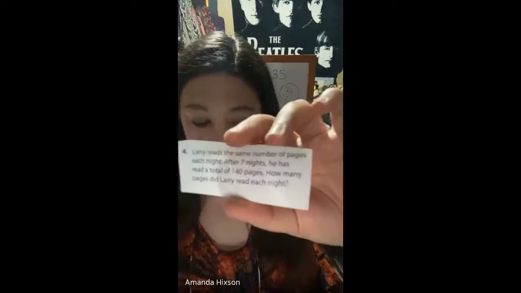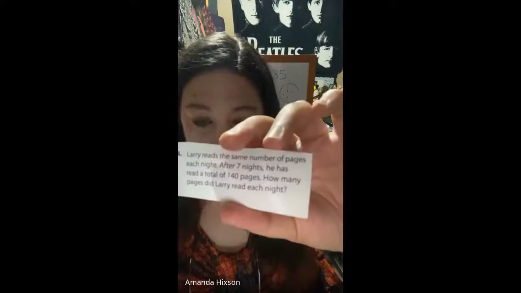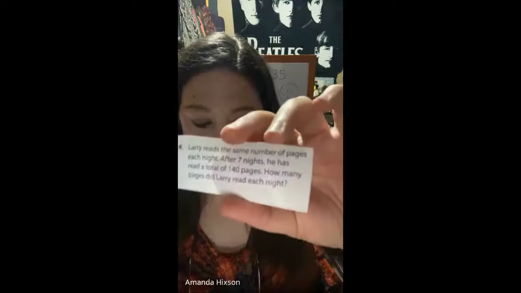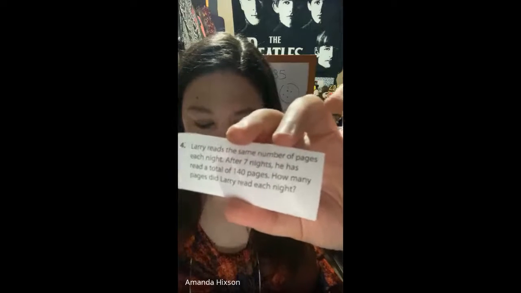It is division, because we're dividing up those pages. There's 140 pages altogether, and you want to see how many he read each night, so you have to divide it up by those 7 nights. Once you figure out what the operation is, that is division, then you have to solve the problem.